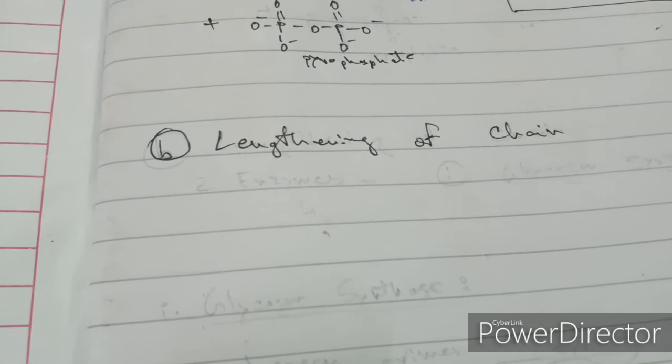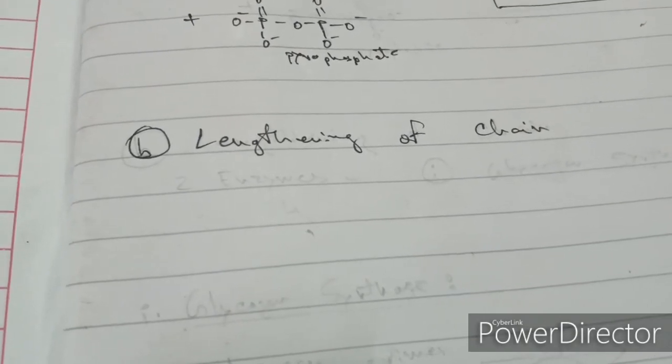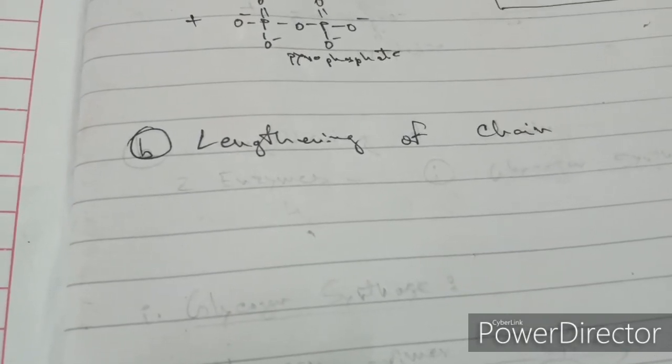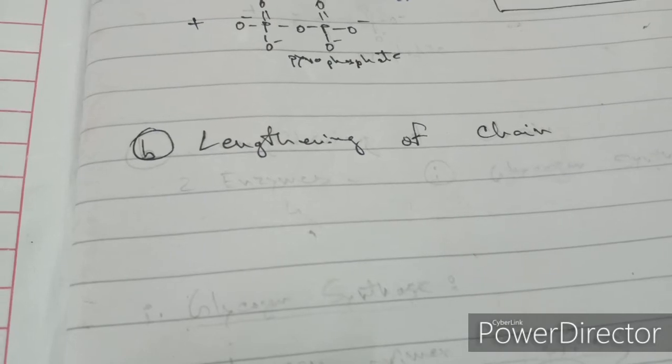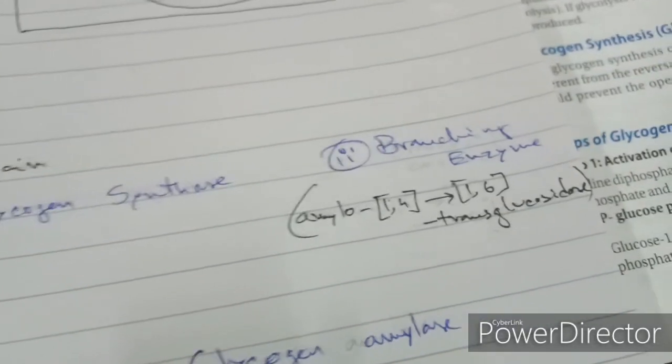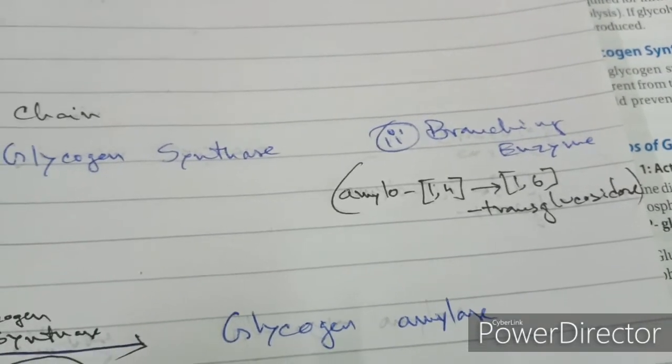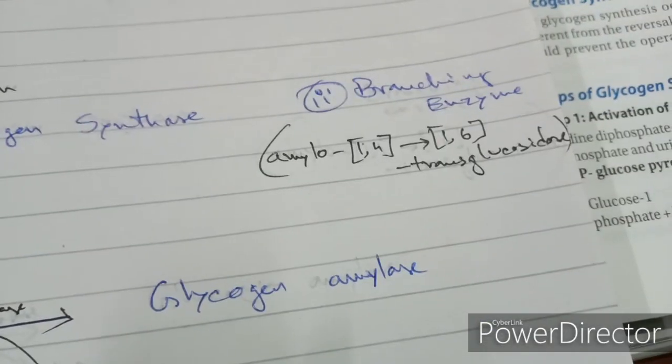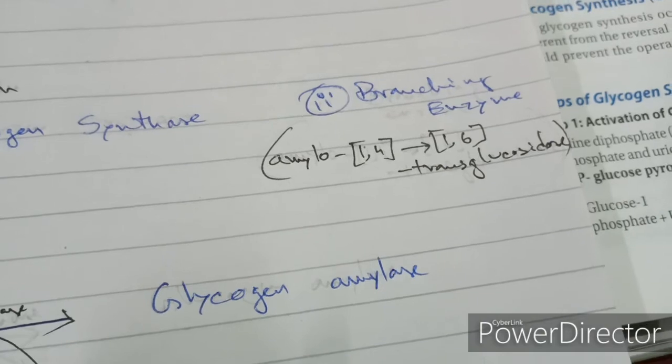Then we have lengthening of the chain. Two enzymes are important here: glycogen synthase, and the branching enzyme, which is amylo 1,4 to 1,6 transglucosidase.